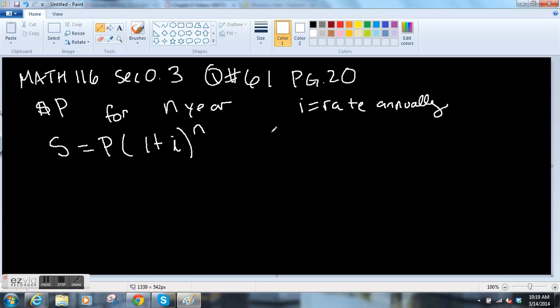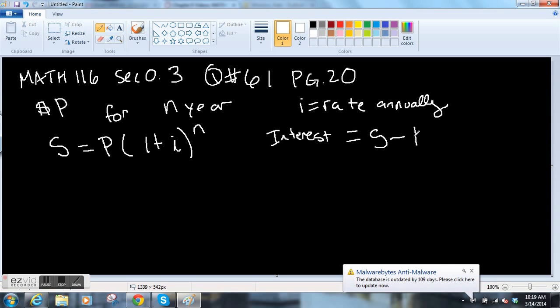And it says the interest earned is therefore S, that's all the money you made at the end of n years, minus P, your initial investment.